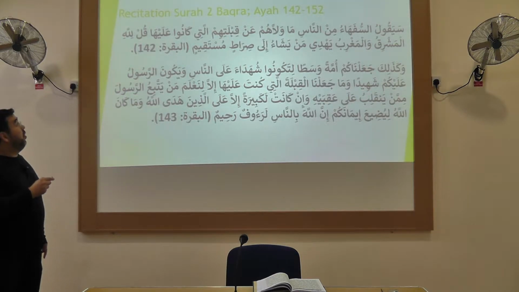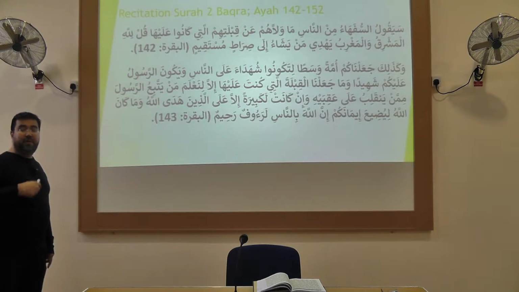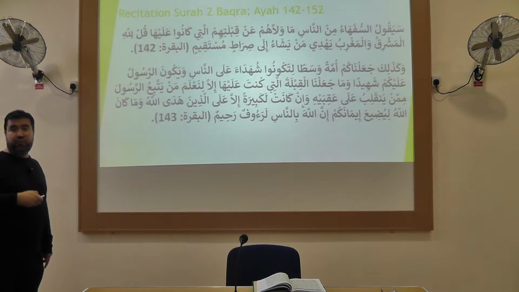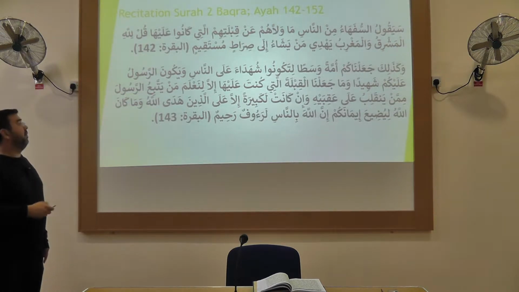But when we stop here because of the end of the ayah or a stop mark, we pronounce the last letter with sukun, mustaqim. Because we stop here, we stretch at least 2 alif. Mustaqim.